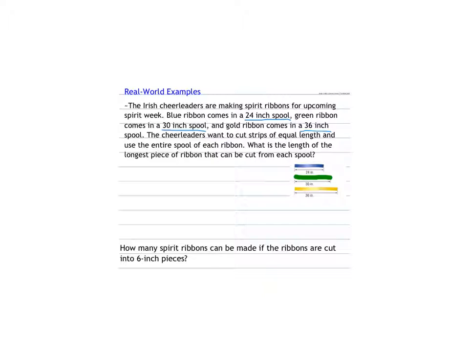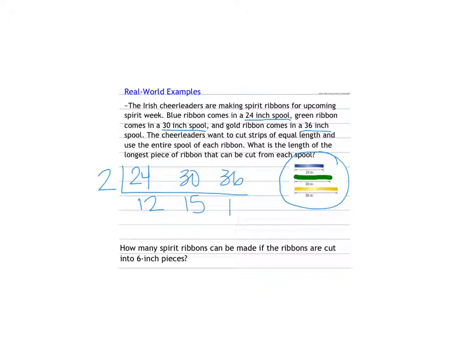So basically we need to find the greatest common factor of 24, 30, and 36. So if I take 24, 30, 36, and I know that they can all be divided by 2. So 24 divided by 2 is 12, 30 divided by 2 is 15, and 36 divided by 2 is 18.